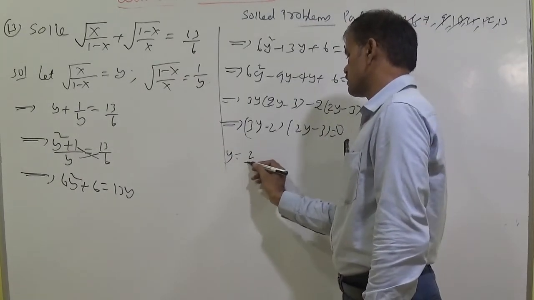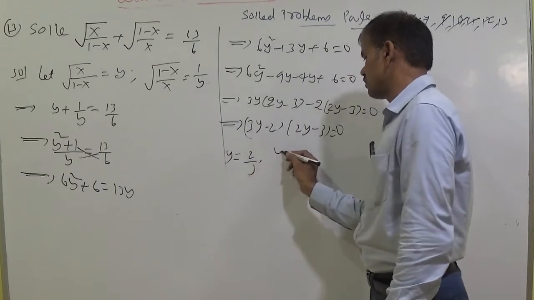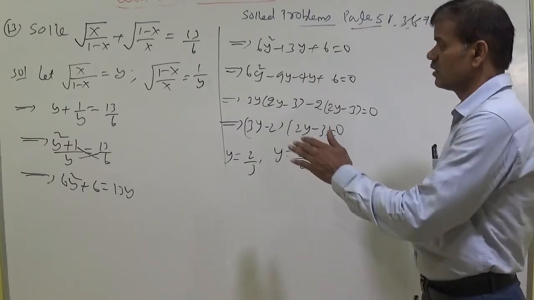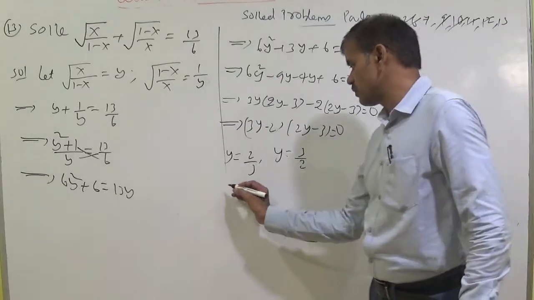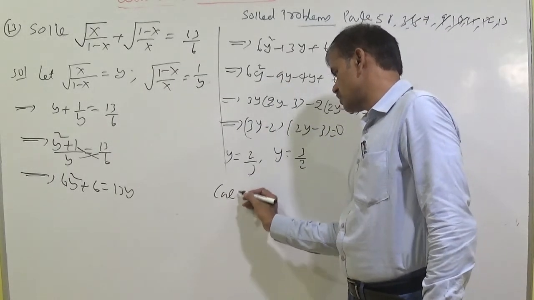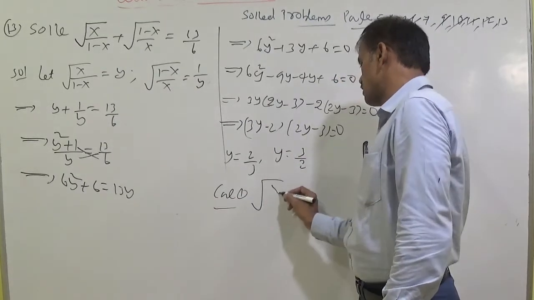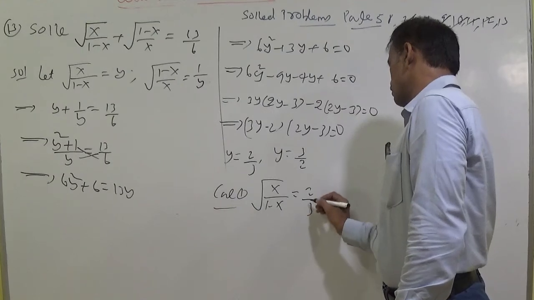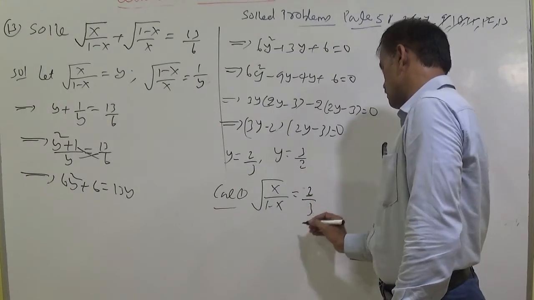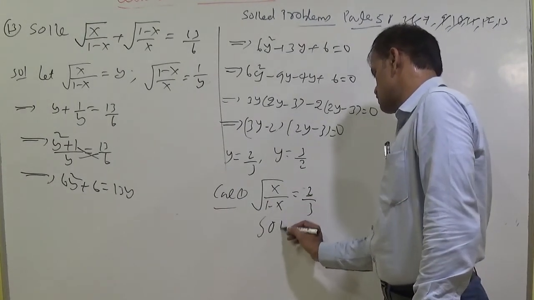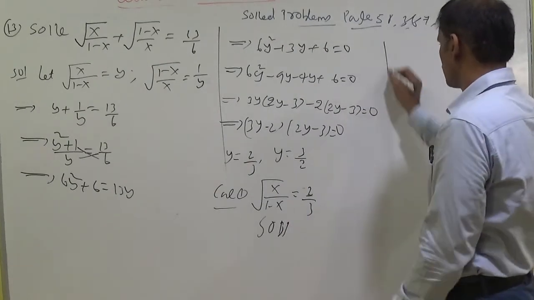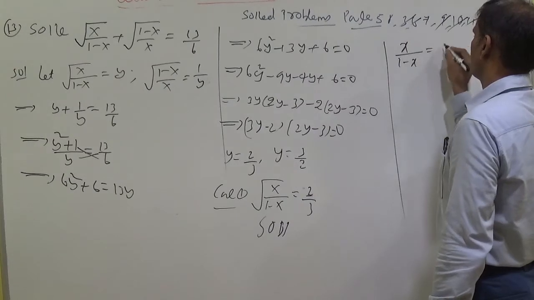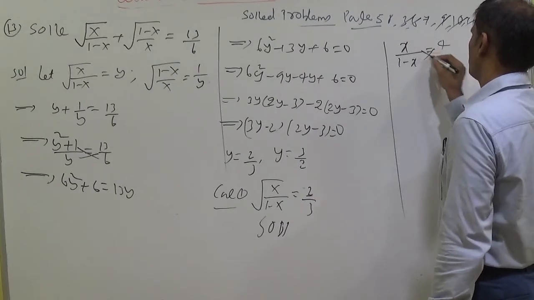So y is equal to 2 by 3 comma y is equal to 3 by 2. We got the same model, the reciprocal model. Case 1: root of x by 1 minus x is equal to 2 by 3. Squaring both sides, x by 1 minus x is equal to 4 by 9.